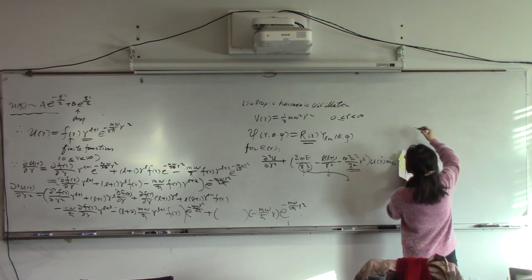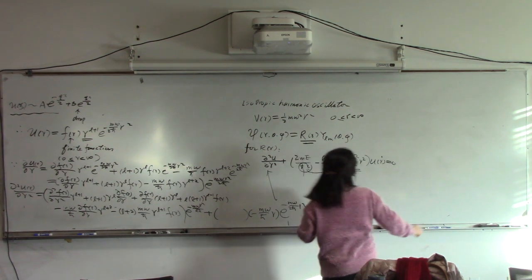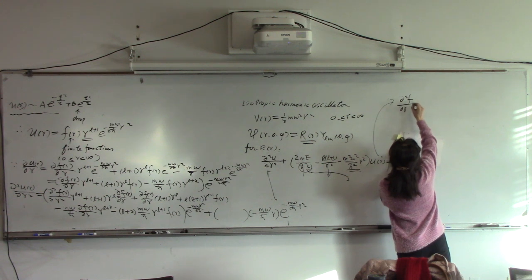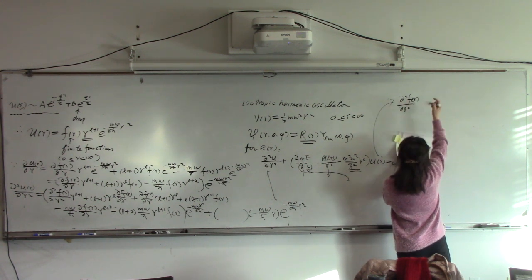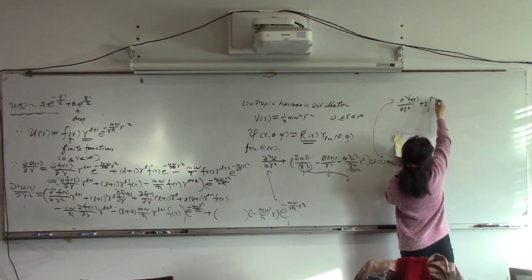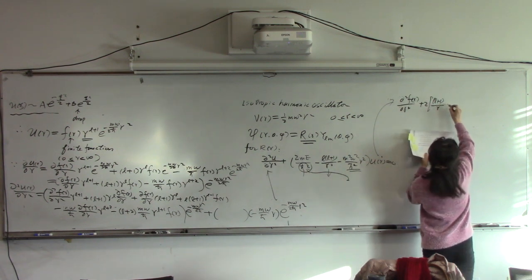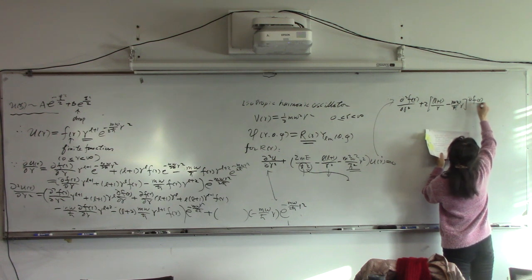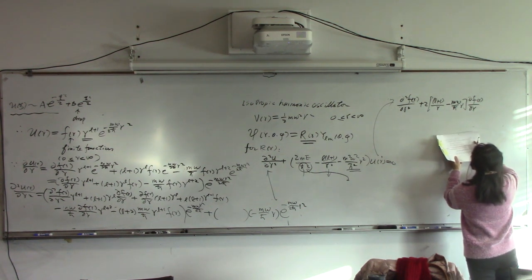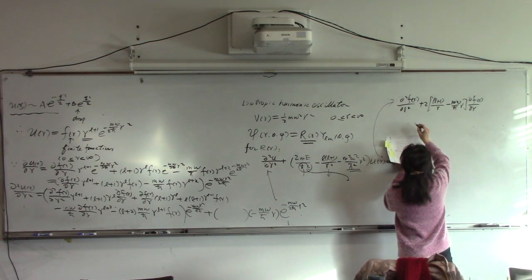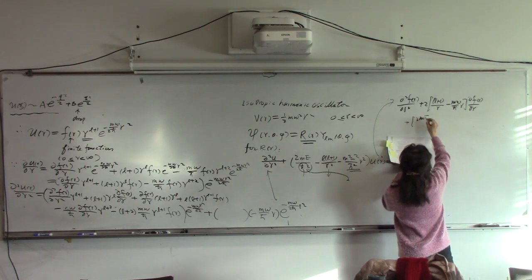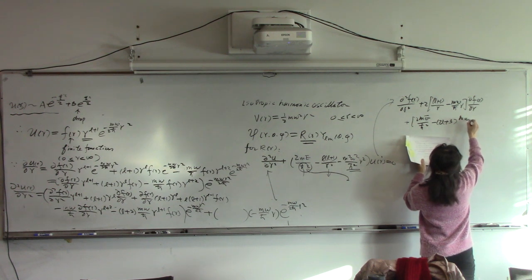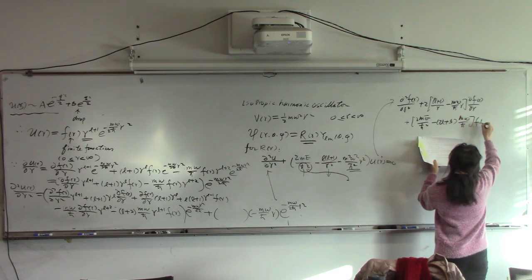Let me substitute here, and finally this equation reduces to a function of F: second order, plus 2 times (L plus 1) over R minus m omega over h bar R, times the partial of F with respect to R, the first order, plus 2mE over h bar squared minus (2L plus 3) m omega over h bar, times F of R, equal to 0.